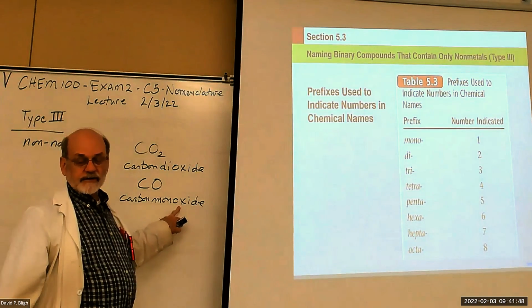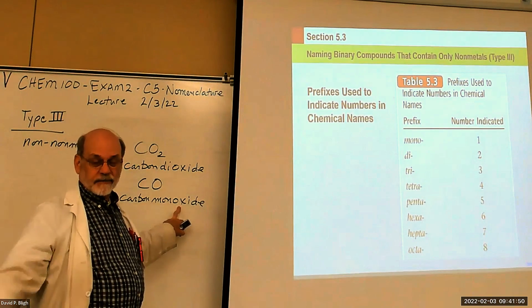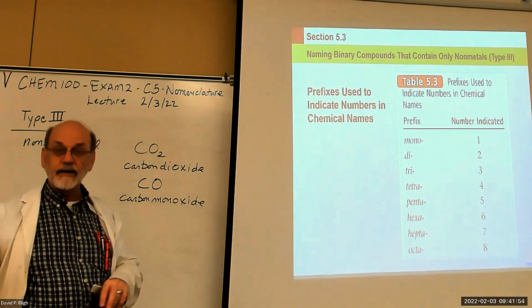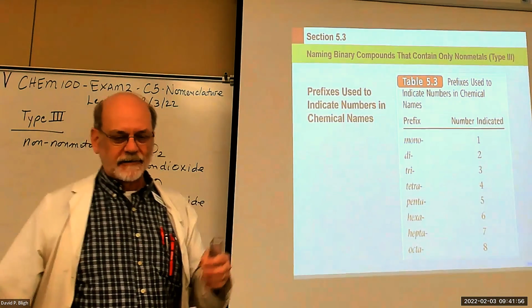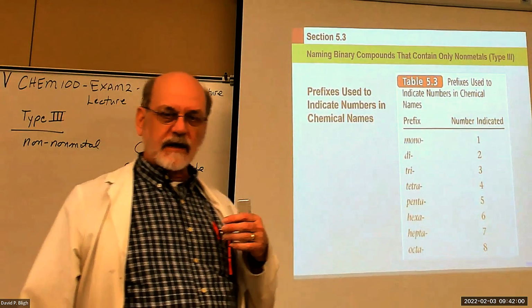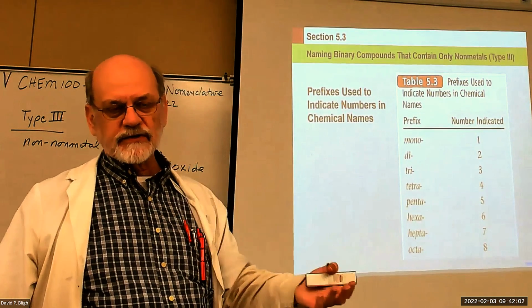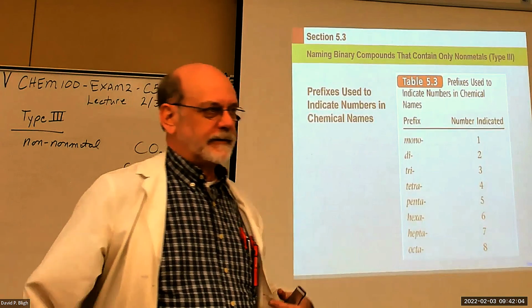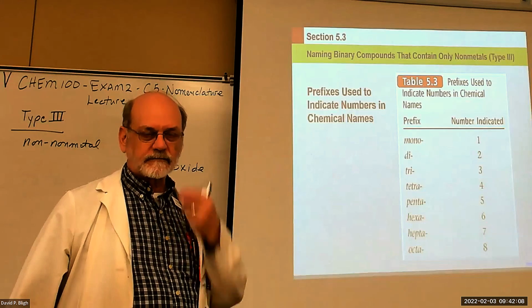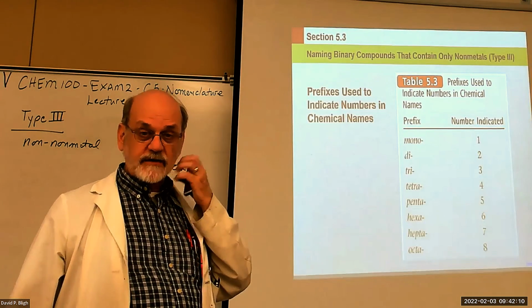And we don't say monooxide. It just doesn't sound right. We drop one of the O's. Monoxide. Carbon monoxide, and everybody knows what carbon monoxide is. It's an incomplete combustion compound from internal combustion engines. That's one source. And it's deadly. It doesn't take much carbon monoxide to kill you.